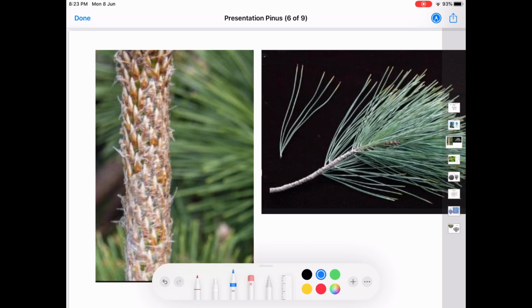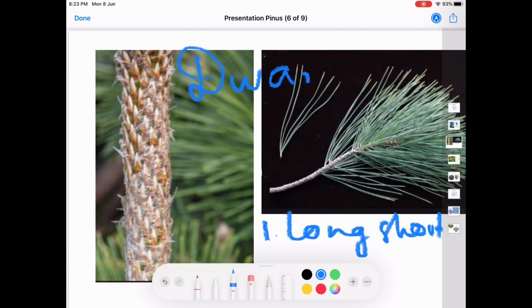That is, there are two types of branches. First one is the long shoot, and the second one is the dwarf shoot. Thus, the Pinus is showing dimorphism in the case of branches.